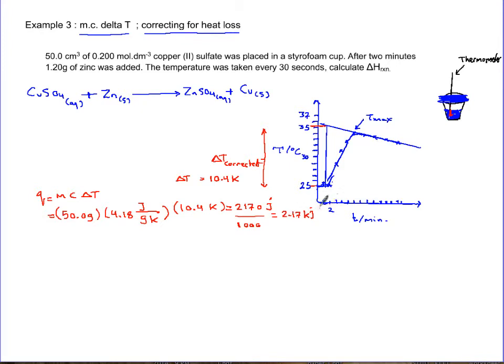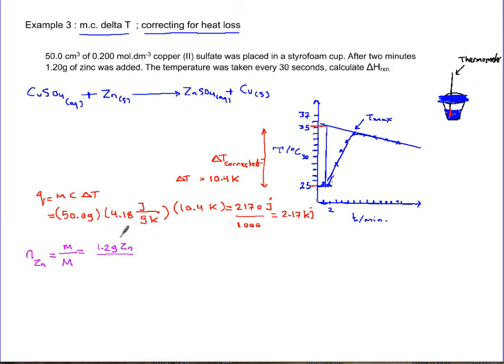Now we need to find enthalpy, your energy involved per mole of reactant. So I need to find my moles of reactant that is limiting. So let's go after moles of zinc first. It's a solid, so it's mass divided by molar mass. So I have 1.2 grams of zinc.